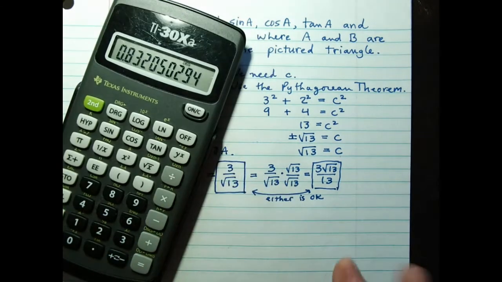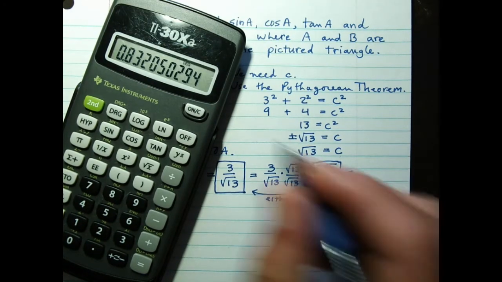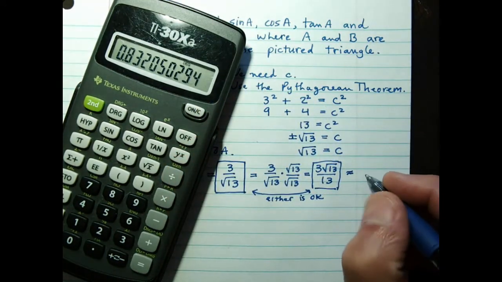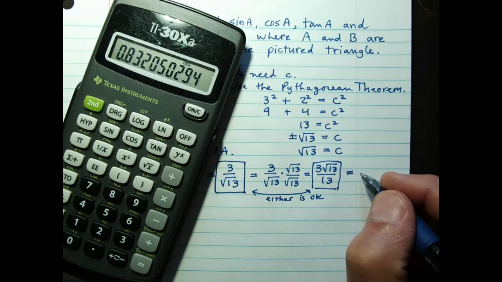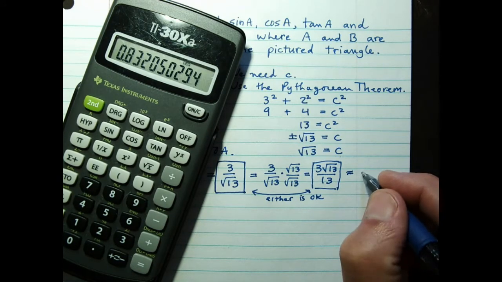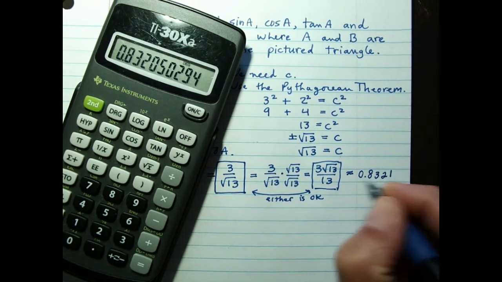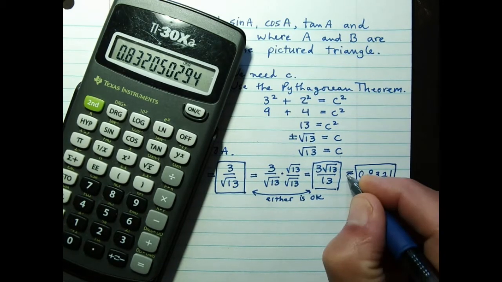So if we ever need a decimal form, we're just going to round off. The calculator's even rounding off because the decimals probably go beyond the calculator screen. But as a rough rule of thumb, I'm going to round off at 4 decimal places, 0.8321. And I use a squiggly equal sign when I mean approximately equal to.